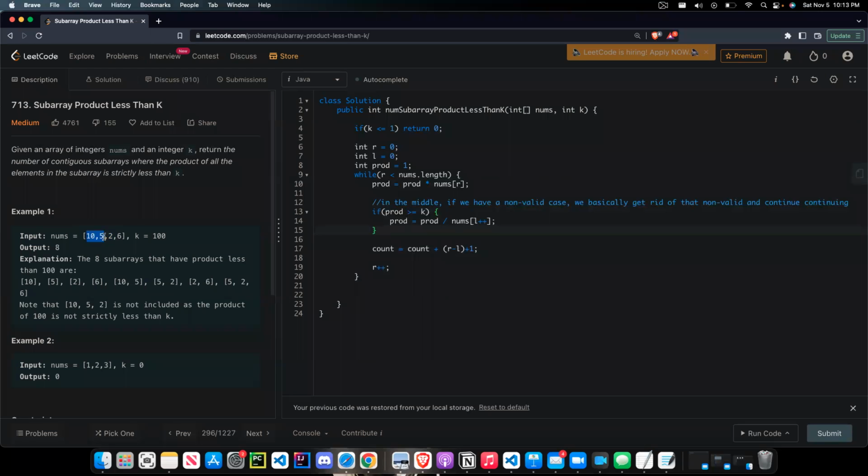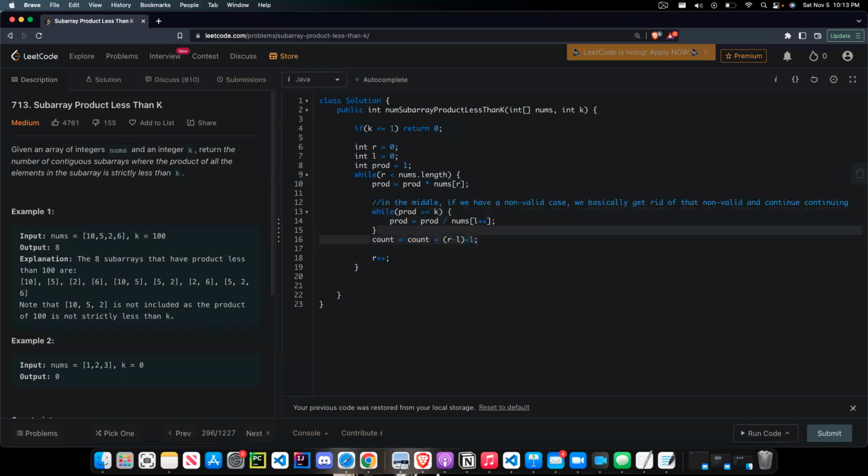Suppose that when this shrinking happened, it was still greater than or equal to the k value. Well, then we would have to do one more shrink. So instead of saying if here, we would instead want to say while the product is greater than or equal to k, shrink, instead of just saying if the product is greater than or equal to k, shrink.